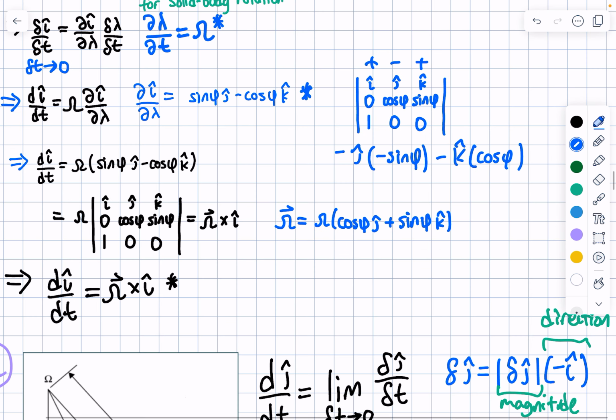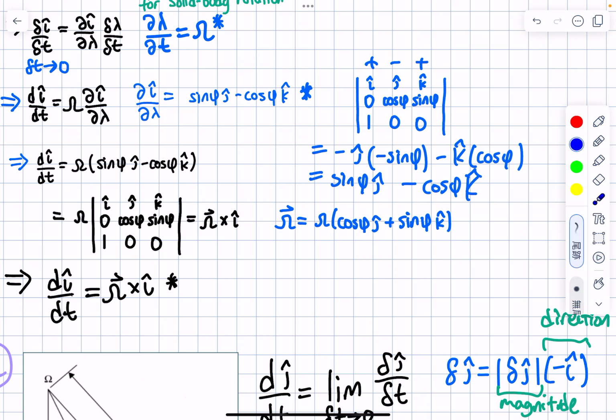And as you see, this part is sine phi j minus cos phi k. Well, what do you know? That is exactly what is written here. So therefore we've proven that.